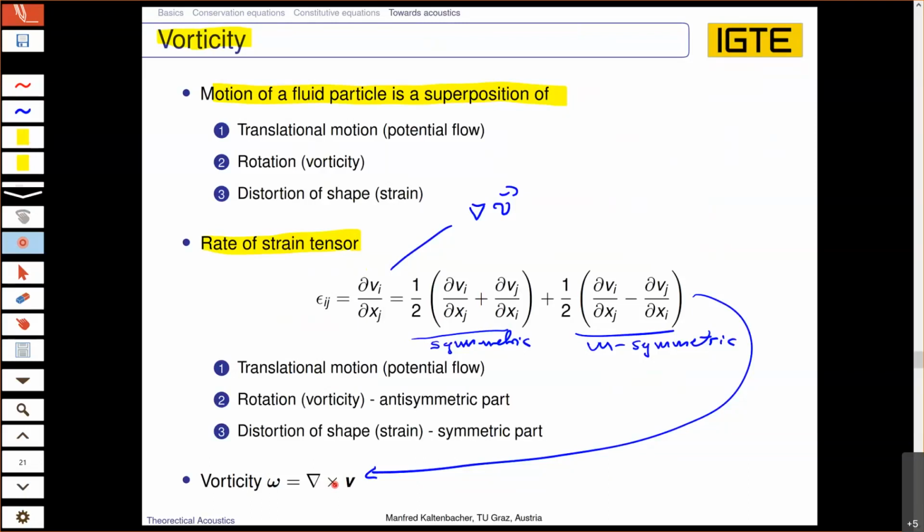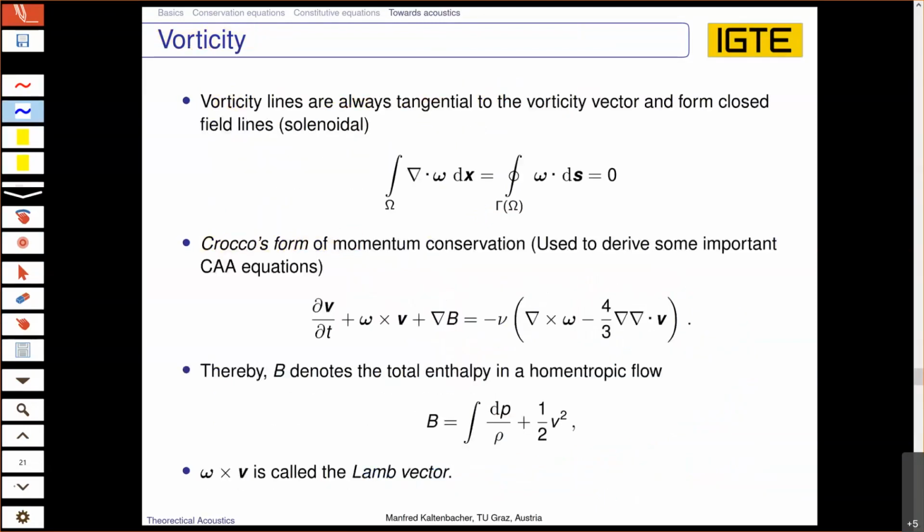Okay, so this vorticity describes the vortical structures, and therefore I should also write it here. This gives us the vortical structures of a flow. Okay, now the vorticity lines are always tangential to the vorticity vector.